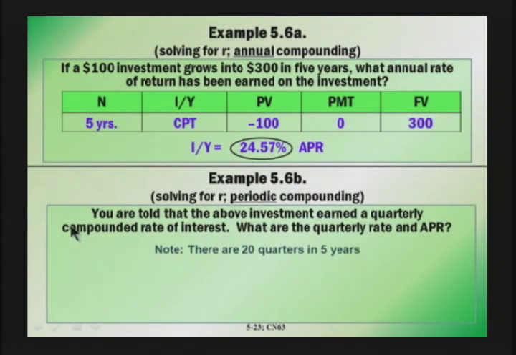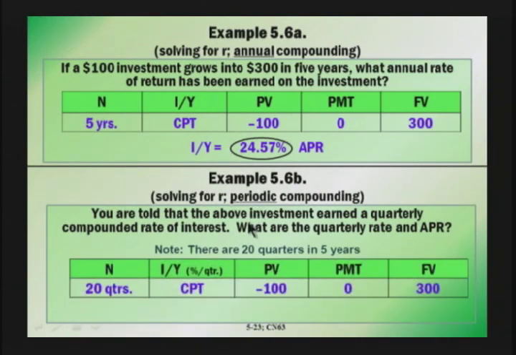20 quarters involved. This is where you really want to make a note that you're working in some sort of periods other than annual, something different than a year. So for the 20 quarters involved over the 5 years period of time with quarterly compounding, 20 will be in, 20 for in the number of periods.